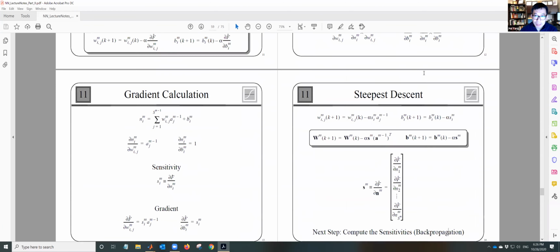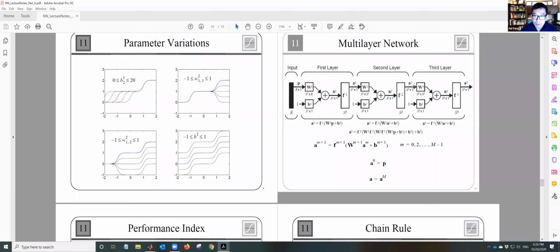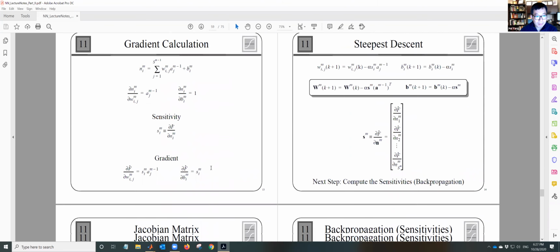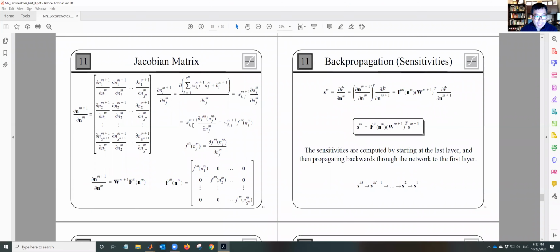Because the output in the m-th layer is related to the input n here, only, where you have f here. So what we got is w, and then you got an f dot. This f dot is your transfer function derivative, and then you got this diagonal matrix. So n^(m+1) with respect to n^m is actually just the weight times this matrix.